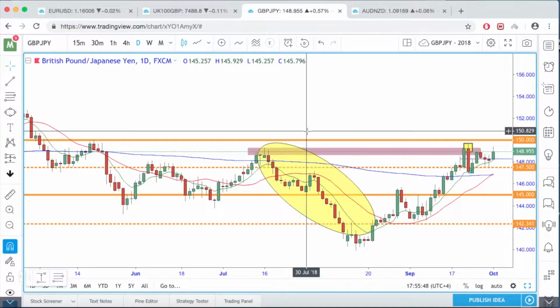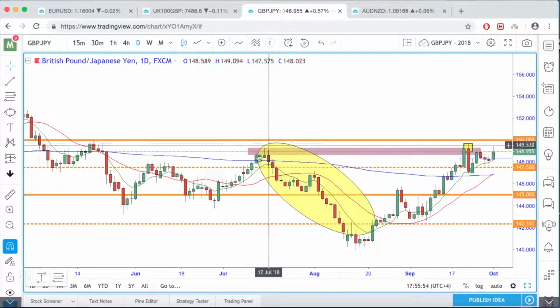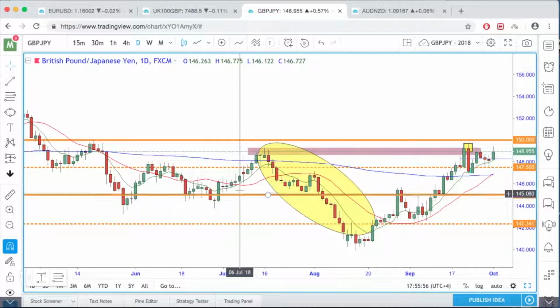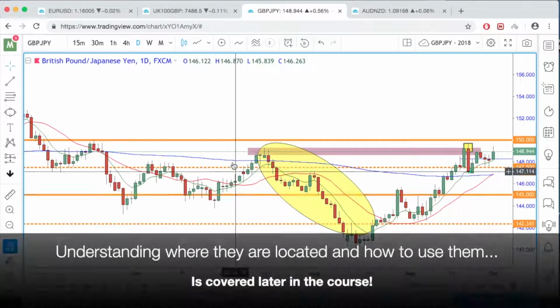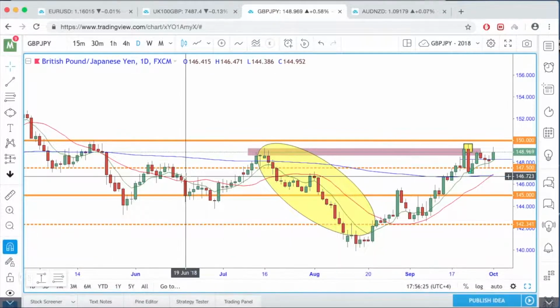Like I mentioned, we will cover this in greater depth in the technical analysis section of the course, but I just wanted to touch upon it so you understand what the support and resistance levels are. We will teach you exactly how to analyze these levels and how to draw these lines on so it can help you within your trading as well.